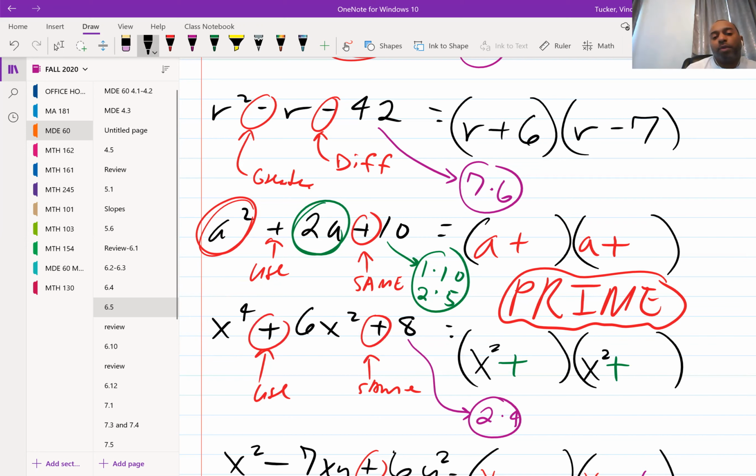That'll give me x to the 4th, and also help me get x squared in the middle. Then I need my factors of 8 that will add together to give me 6, and that's 2 and 4. All right, questions?